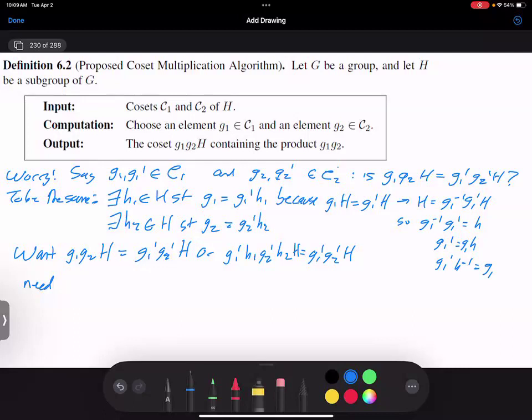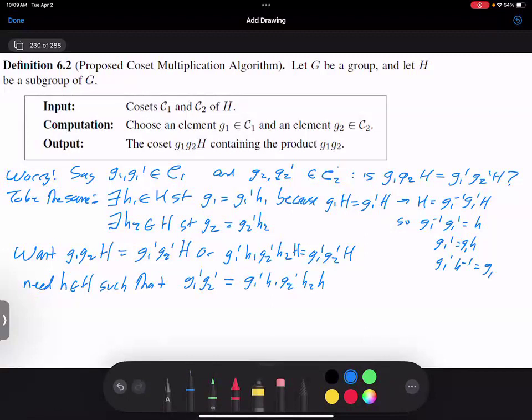When are two cosets the same? We just did this a moment ago. Good, and where is that multiplication happening? Somewhere on the right. So we need an H in H such that G1 prime, G2 prime equals G1 prime, H1, G2 prime, H2, H. That's what we would need for these two cosets to be the same.